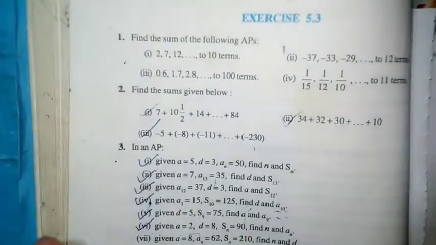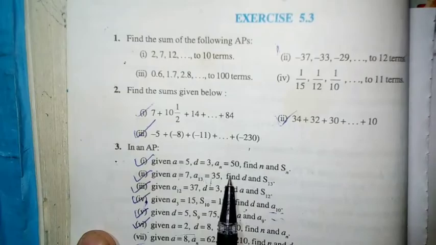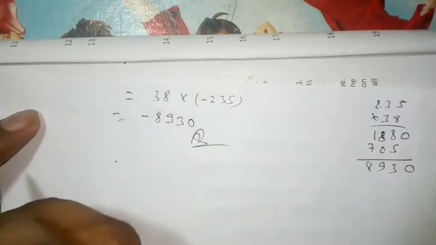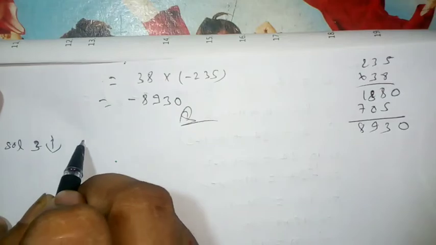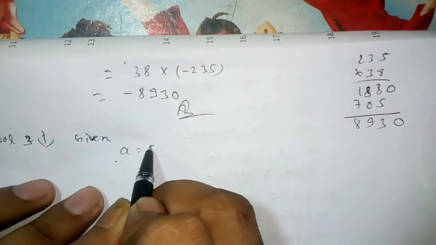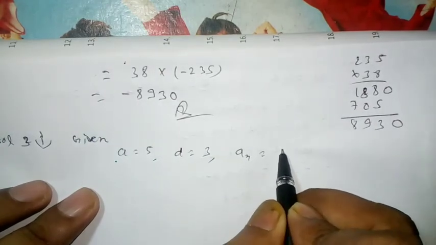In an AP, given a is equal to 5, d is equal to 3, n is equal to 50, find n and Sn. Solution. Given a is equal to 5, d is equal to 3, an is equal to 50.